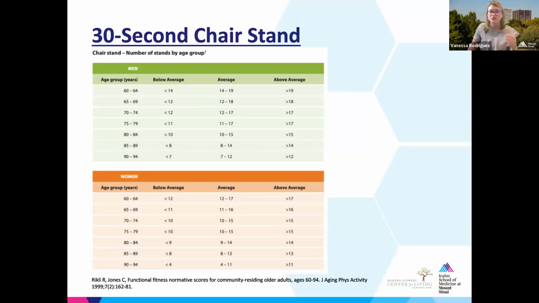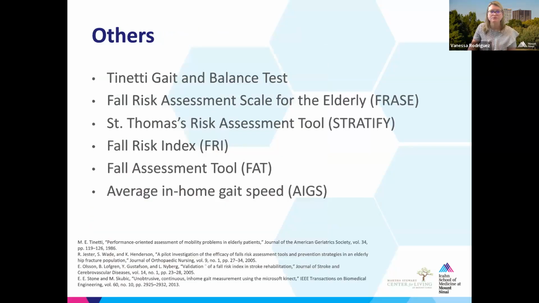So it's good to note that, because if a person does 8, that might be appropriate for a woman in her 80s, whereas the expectation might be around 11 for a person 65 to 69. It's good to know that the difference is the same for a man.